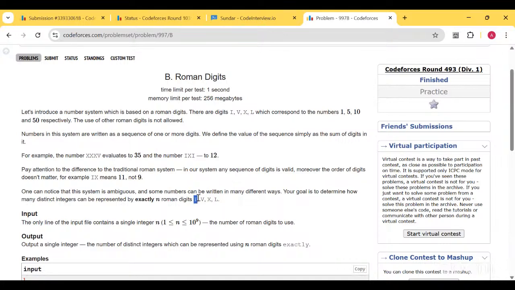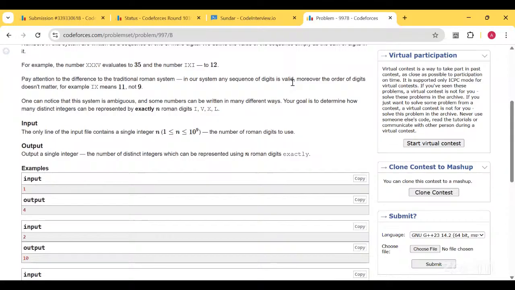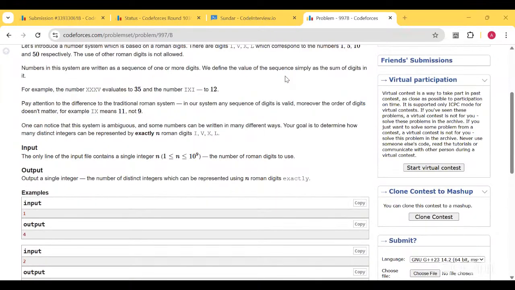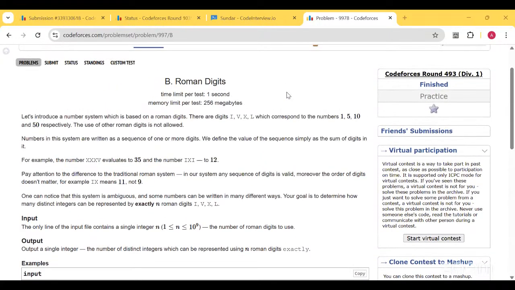Of course, the smallest value is when all of them are I, and the largest value is when all of them are L. And then the idea is like this. Since we know there are exactly n digits, then of course for each digit, the value is at least 1.